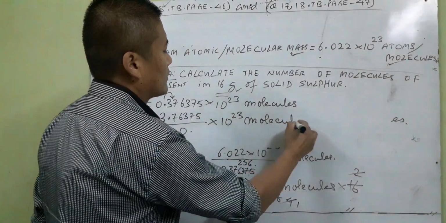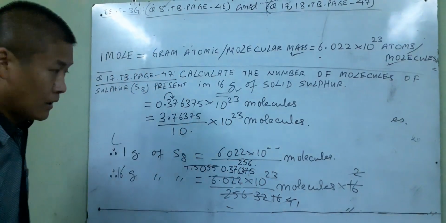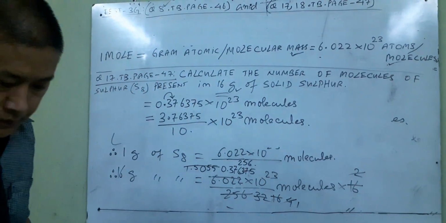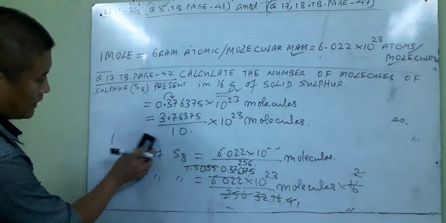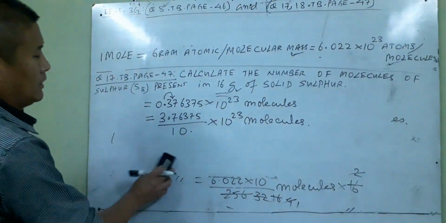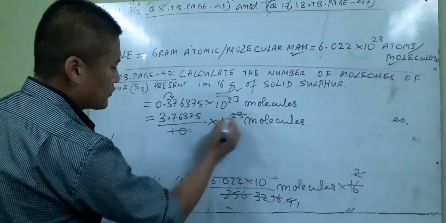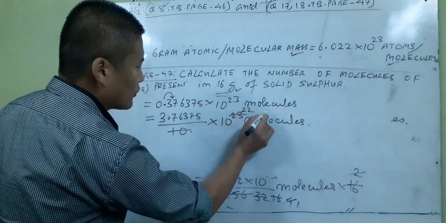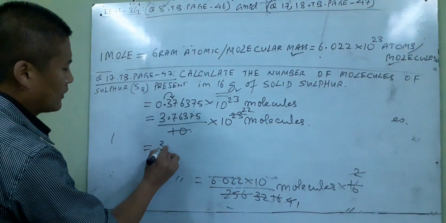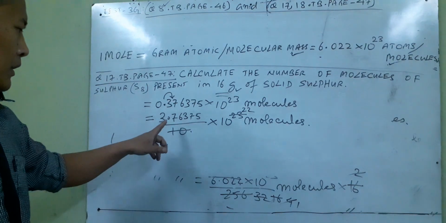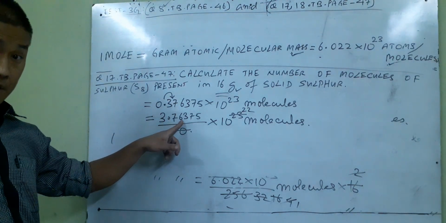Now once you do that, next step is here 10 to the power 1 gone. Here power is 23, so 23 minus 1 power is 22. So your answer is 3 point, and usually your answer is up to second place of decimal.